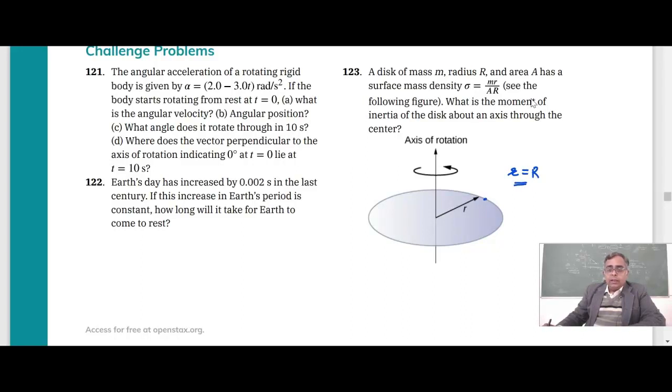Clear? This shows that sigma is variable, meaning the mass density is variable, or you can say that the mass distribution of this disk is not uniform. So I am writing that this indicates the mass distribution is not uniform.